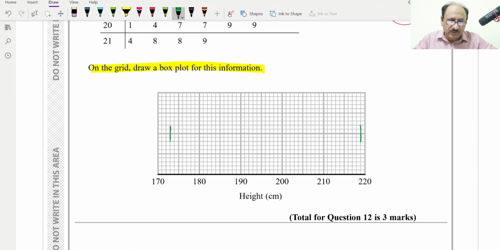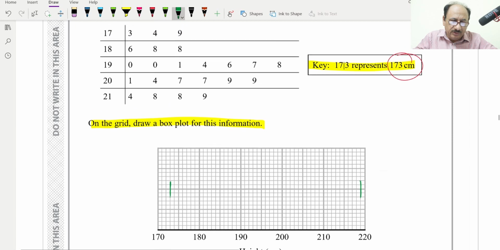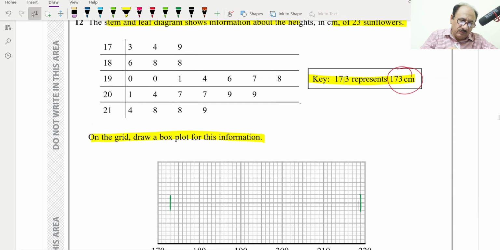Next, we need the median, which is the middle value. We can count them: 3 plus 3 is 6, 6 plus 7 is 13, 14, 15, 16, 17, 18, 19, 20, 21, 22, 23 values.